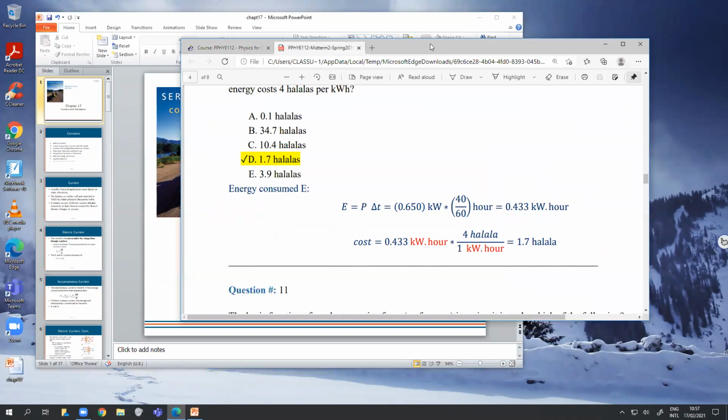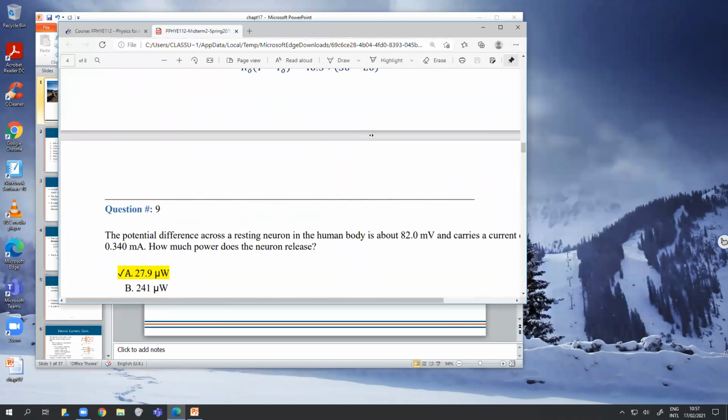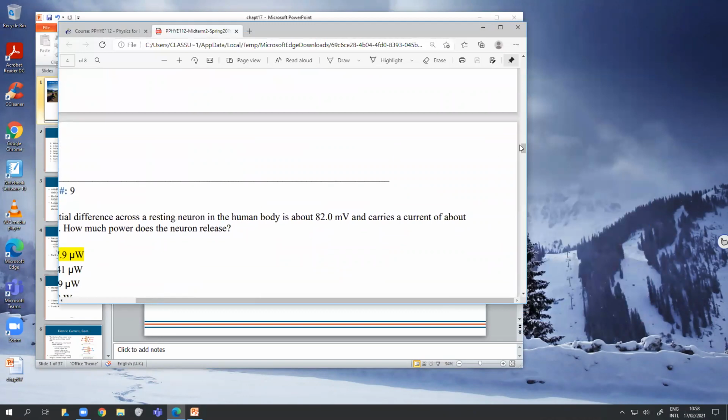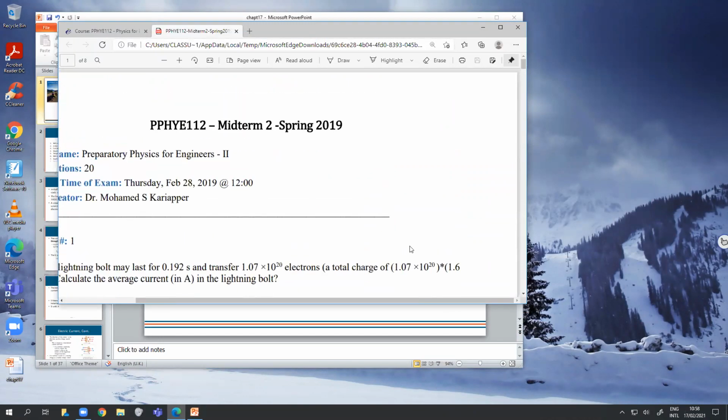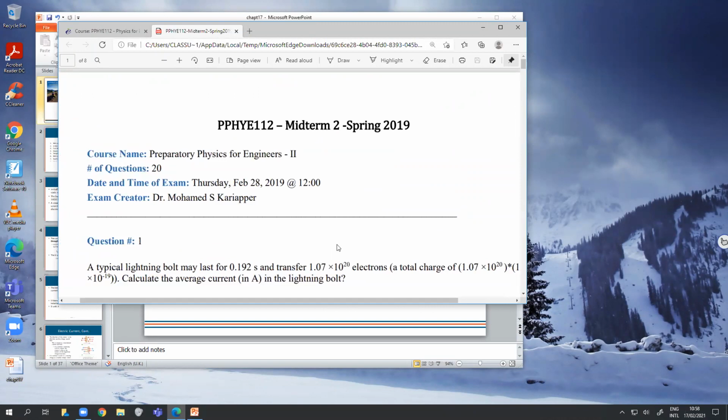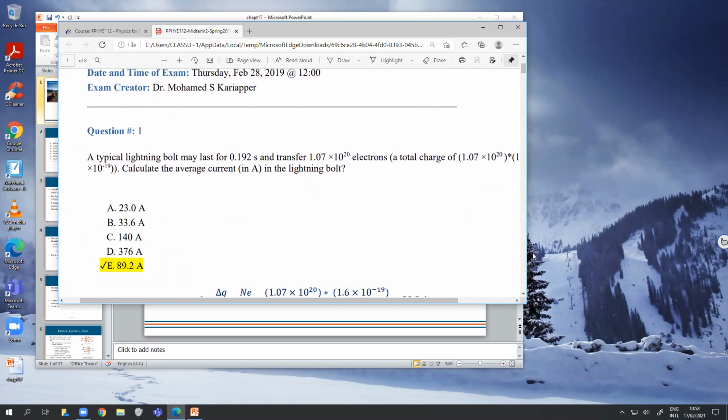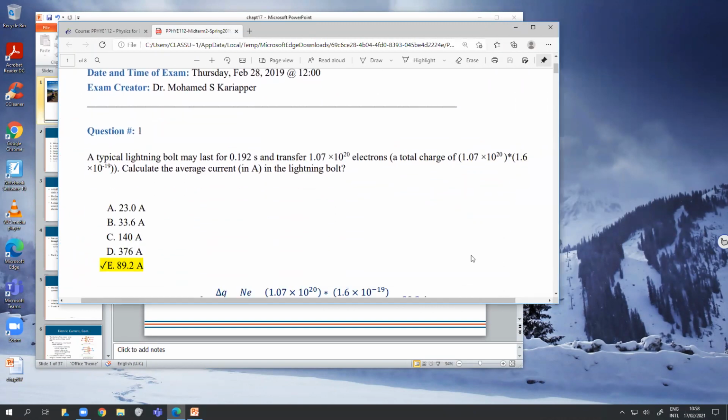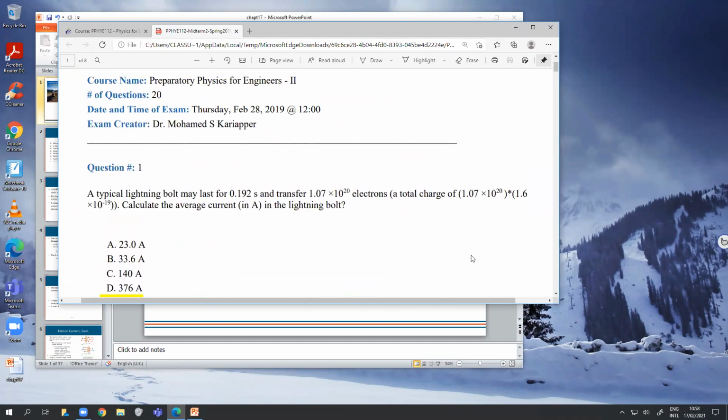Let me open it. Okay, here we are. I'll go to question number 1 from chapter 17 and start solving them one by one.